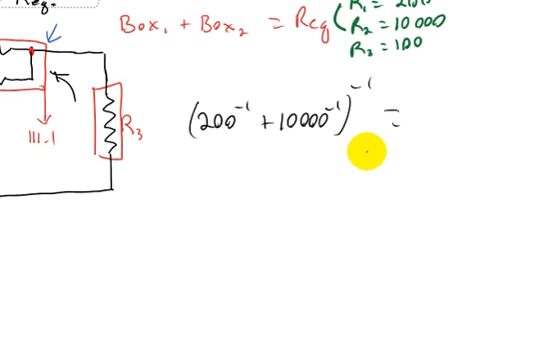So I'm going to take 200 times 10,000, this is the alternate equation for 2, divided by 10,200. I just added them together for the denominator.